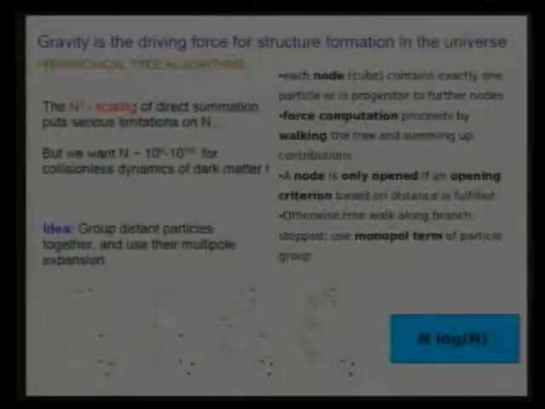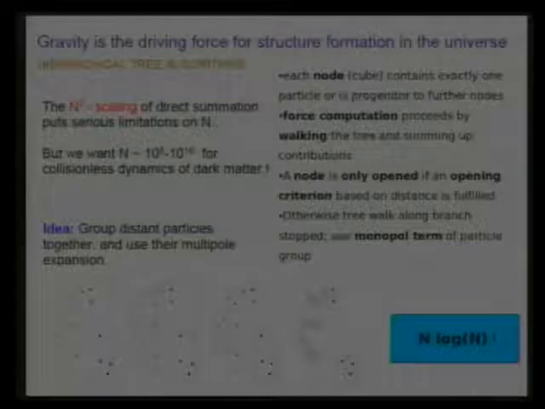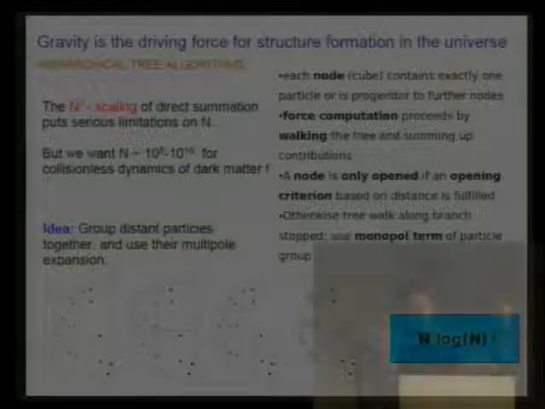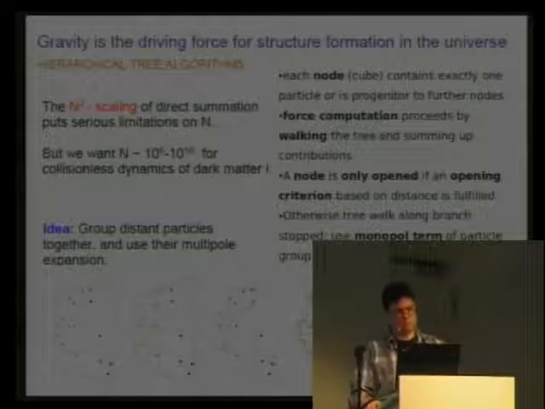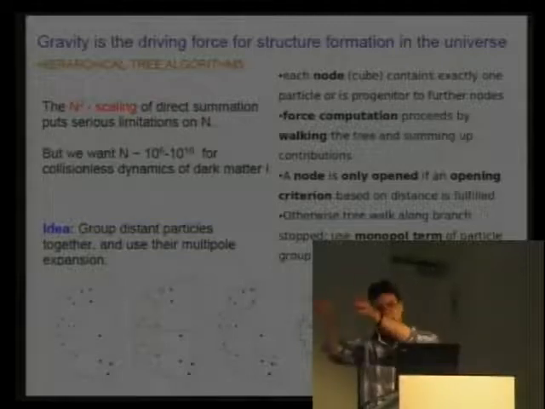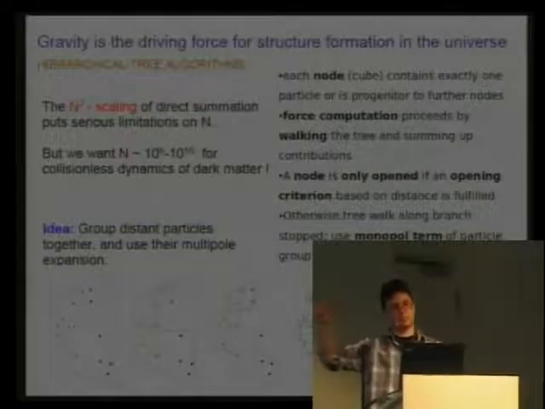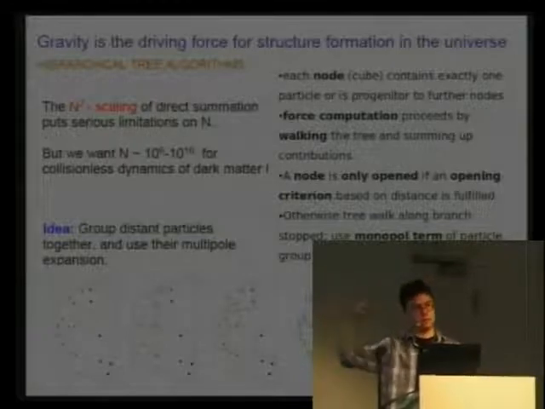The idea of the tree method to calculate the forces is very simple. If you have a particle at a given point in the simulation box and you want to know how strong the force is from a group of particles far away, then you can group the particles that are far away together into one particle that has the mass of all the particles together.